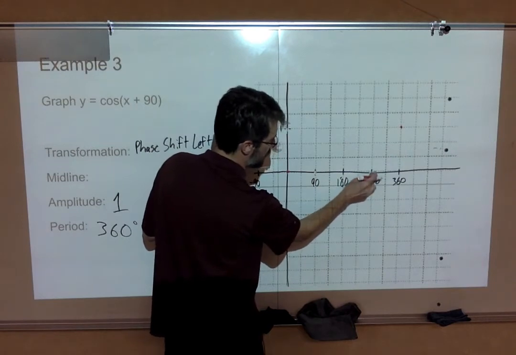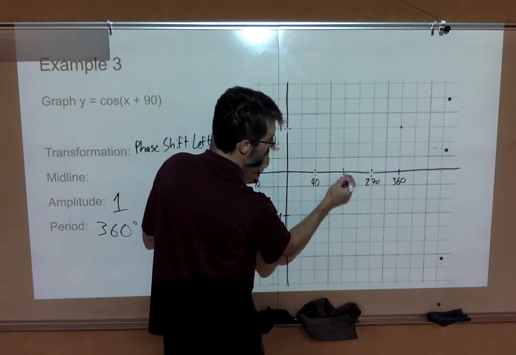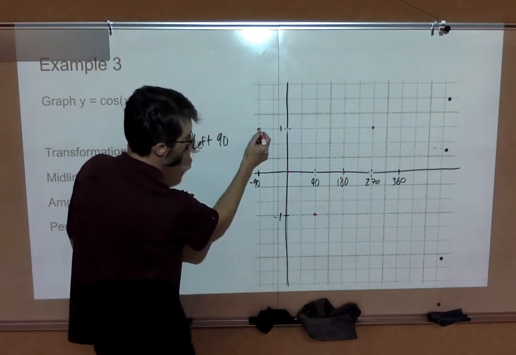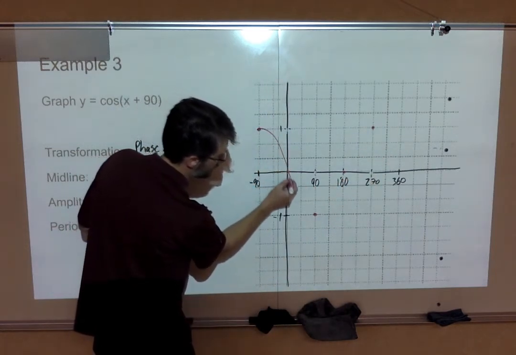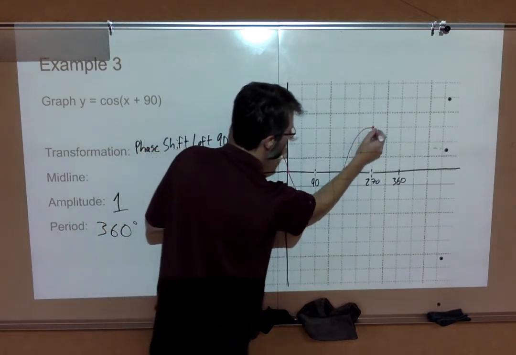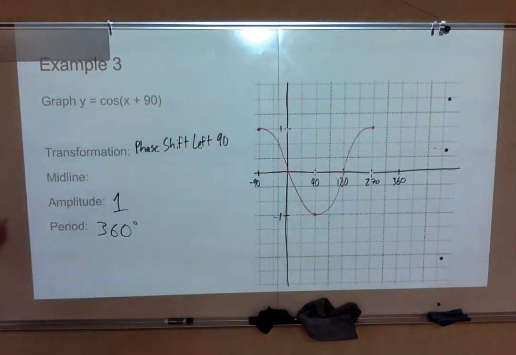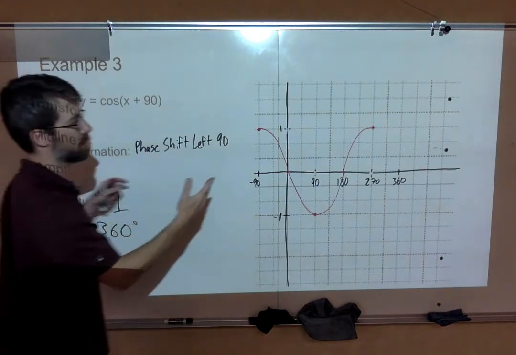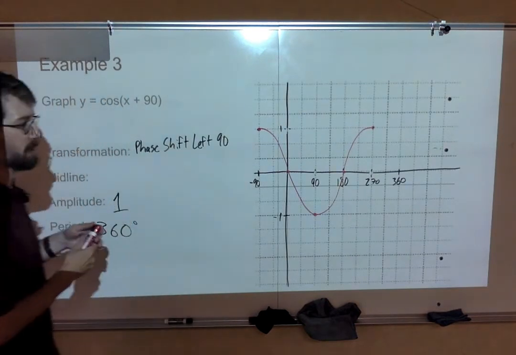This one moves to the left 90. And this one moves to the left 90. So now, if I connect all of these, there's my cosine graph, slightly offset now to the left, offset to the left by 90 degrees.